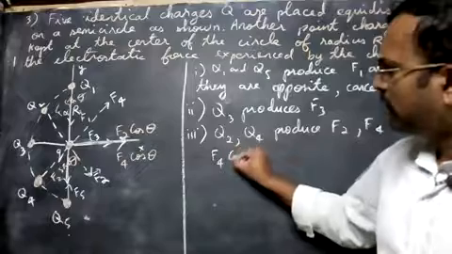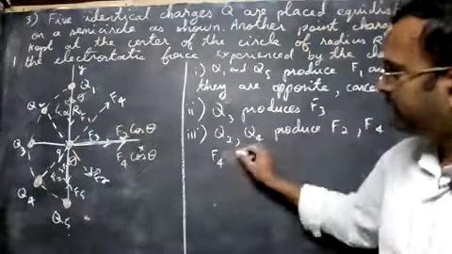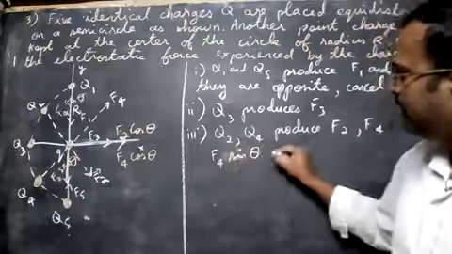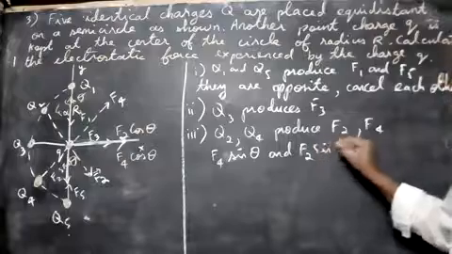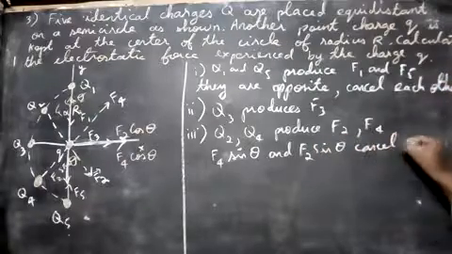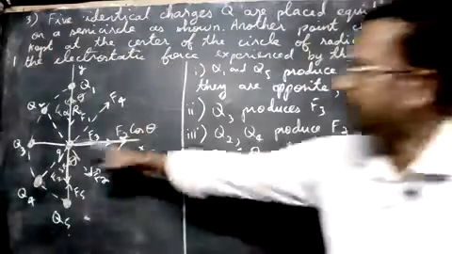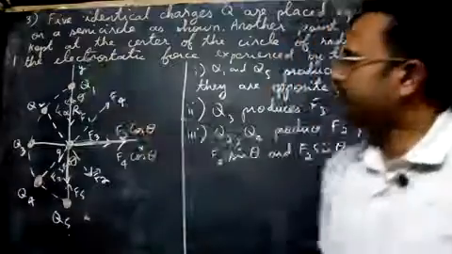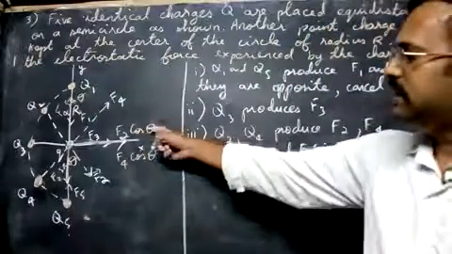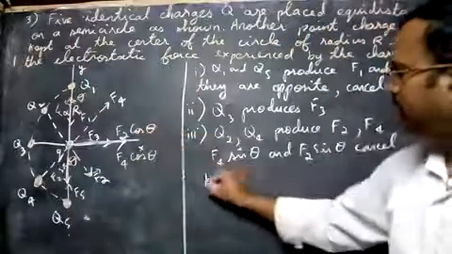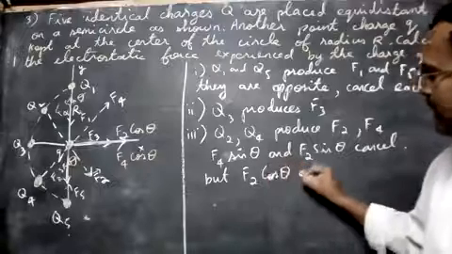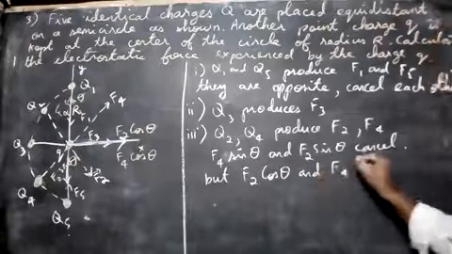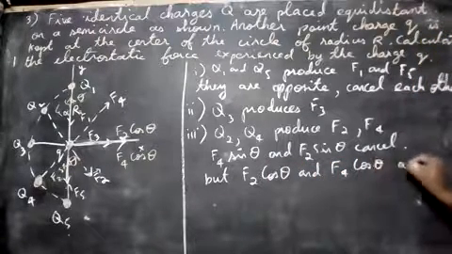F4 sin theta and F2 sin theta cancel each other. They are opposite: this comes down, this goes up. But F2 cos theta and F4 cos theta add. They are in the same direction.